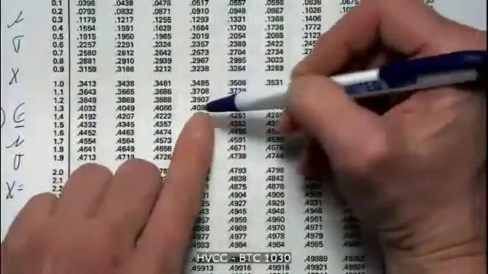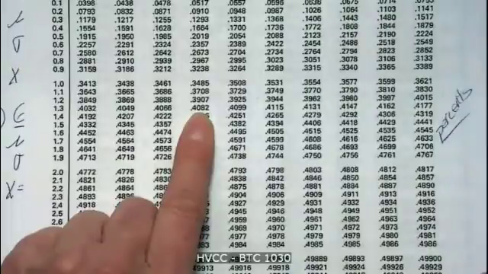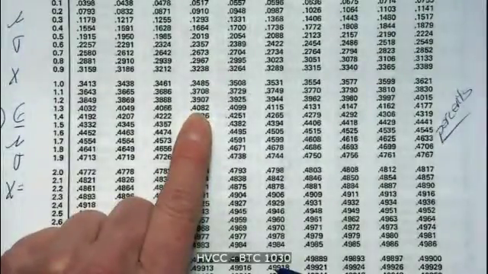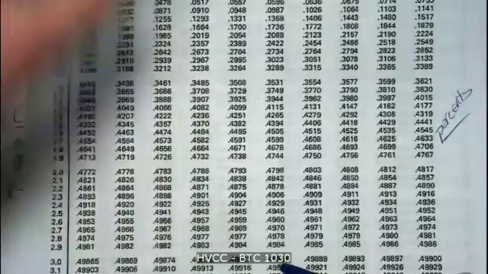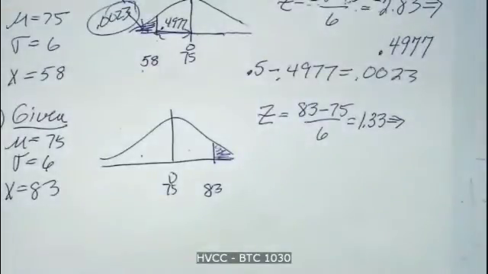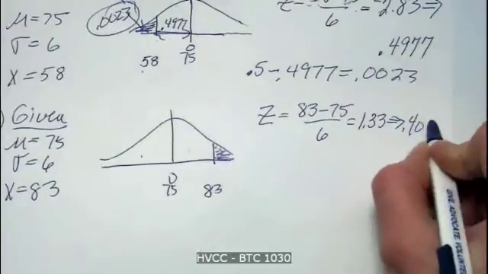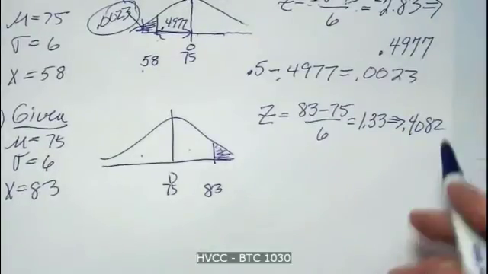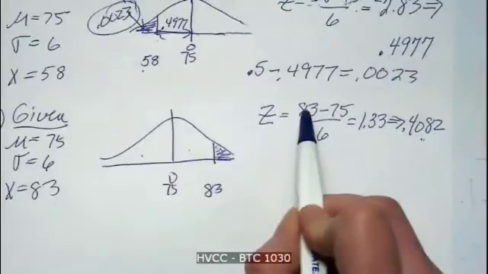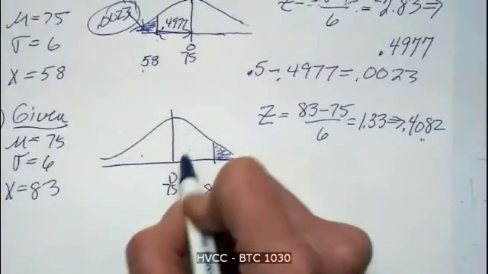And I come down, I get 0.4082. I'm not sure if you can see that, but you sure can hear me. 0.4082. Well, where is that percent? It's between 83 and 75.